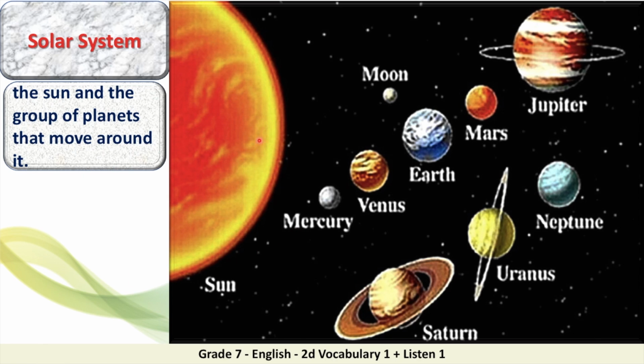This is the sun, and these are the planets that move around it in our solar system. We have here Mercury, Venus, Earth, Mars, Jupiter, Saturn, Uranus, and Neptune.